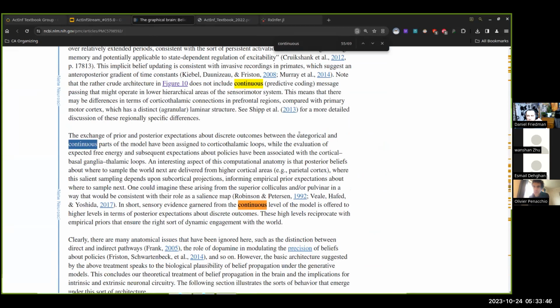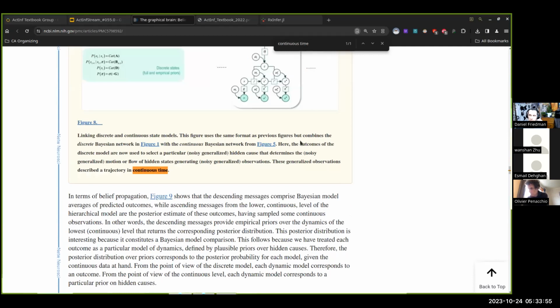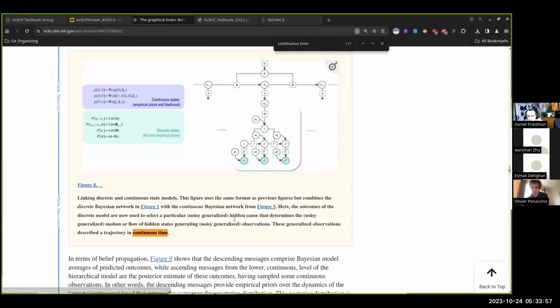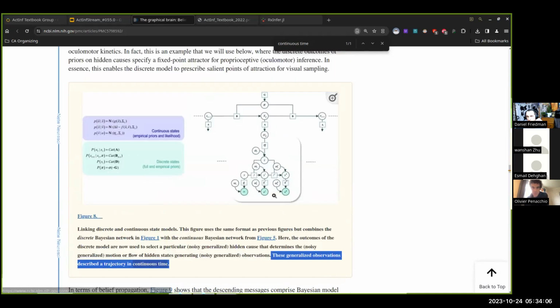So here they're dealing with categorical and continuous state spaces. Oh, but here these generalized observations describe a trajectory in continuous time. So here we see the x prime, x double prime.